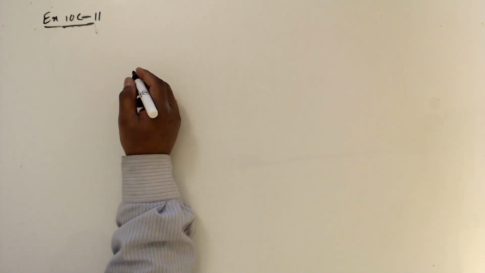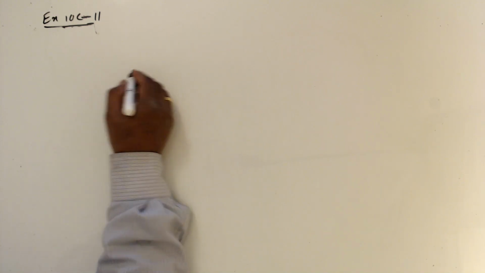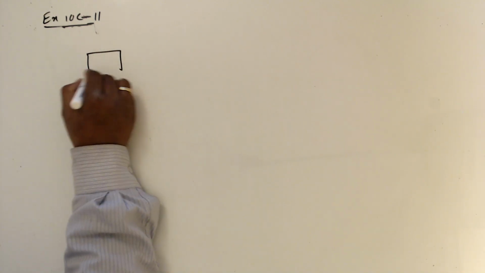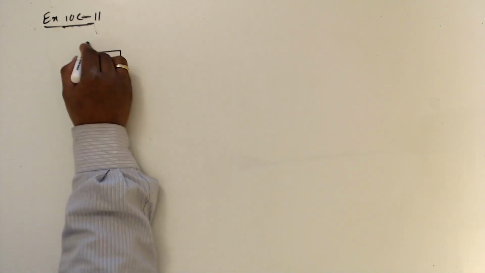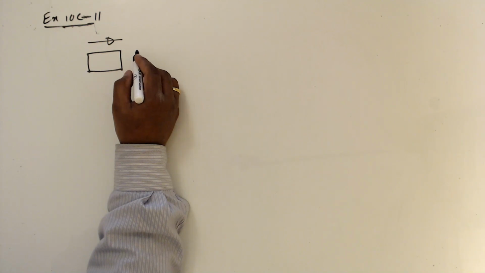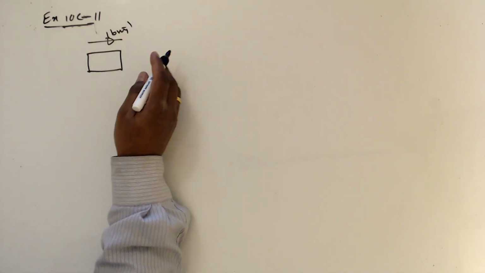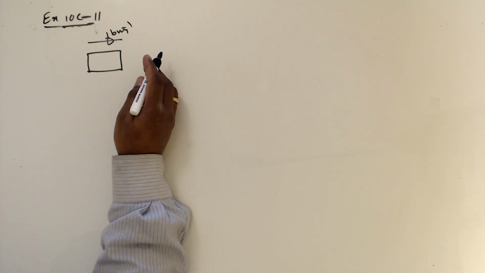Question number 11. The engine of a van of mass 400 kg cuts out when it is moving in this direction with 16 ms^-1. So the engine stops, and the van comes to rest without brakes.